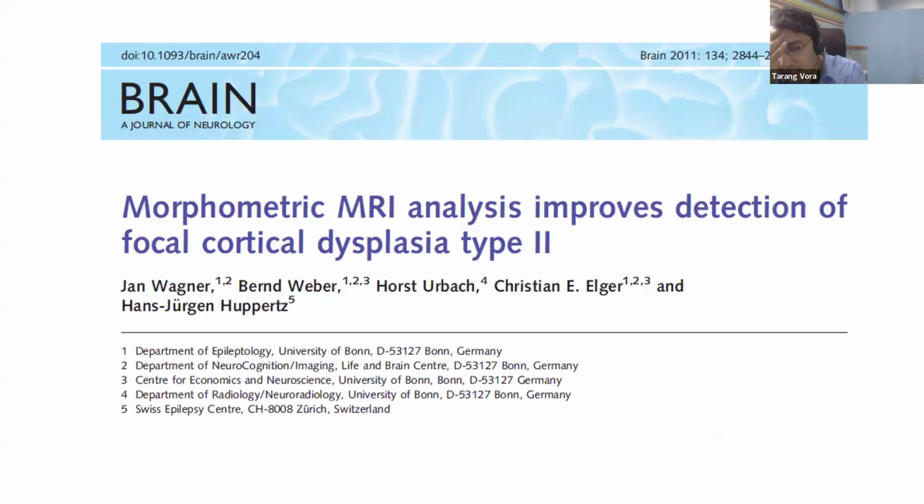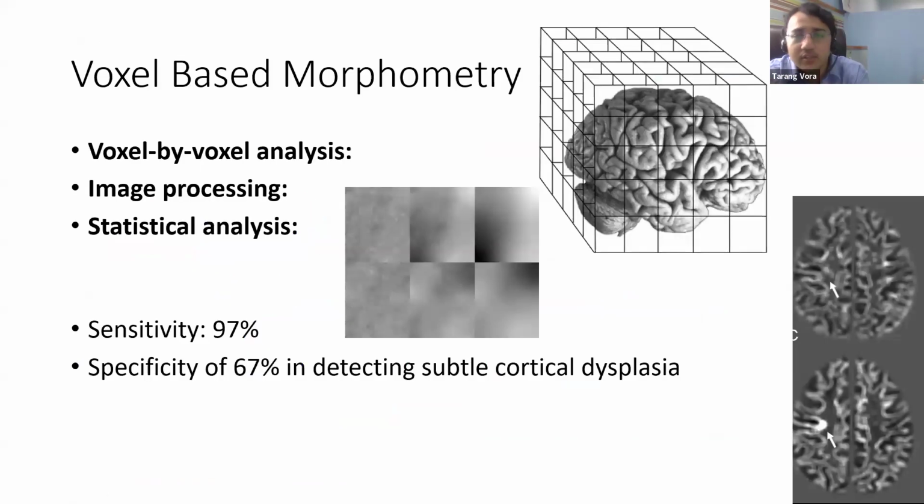The last type of analysis that we are practicing over here is called morphometric analysis. It improves the detection of FCD. As I said, voxels are basically the multiple subdivisions into which we divide the image, and then we analyze them. Compared to texture analysis, voxel analysis is looking at volume.